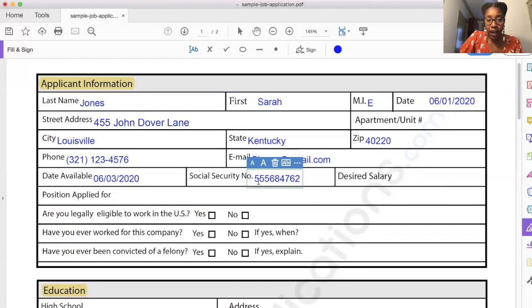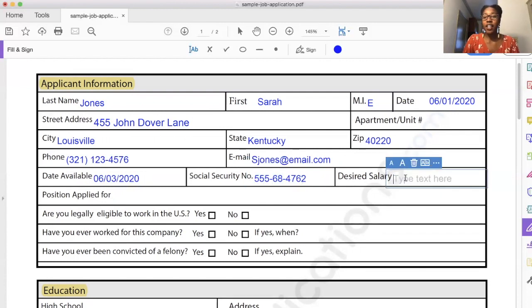You add 555, 3 numbers, dash, 68, 2 numbers, dash, 4762, your last 4 digits.